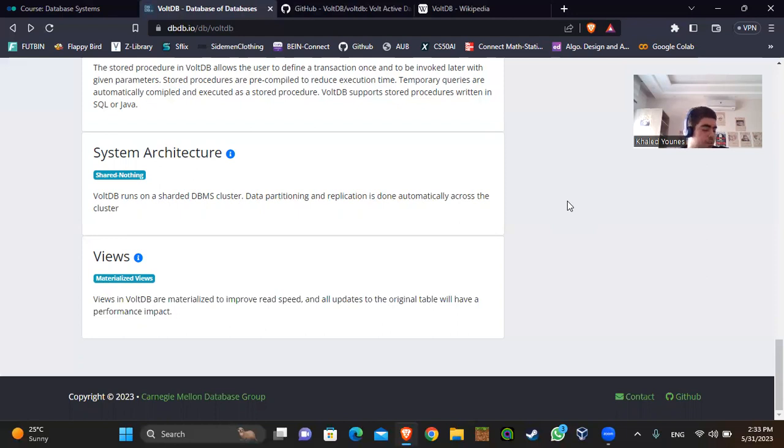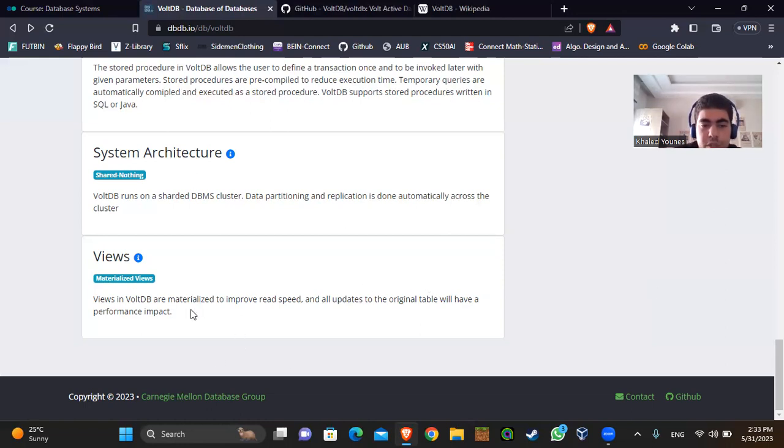This is to remove pressure from the master node in each cluster, and data can be accessed easily and much faster. This process is done automatically across the cluster. So any piece of information or procedure that is really big on nodes in some cluster will be sharded or partitioned into smaller pieces and accessed later.